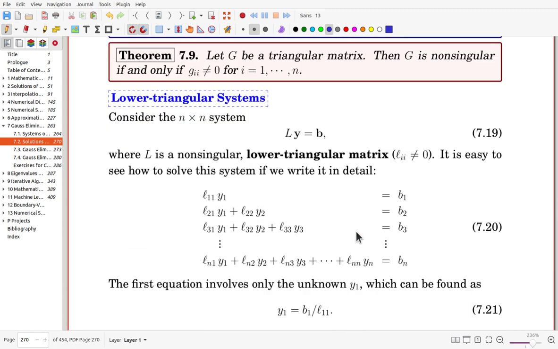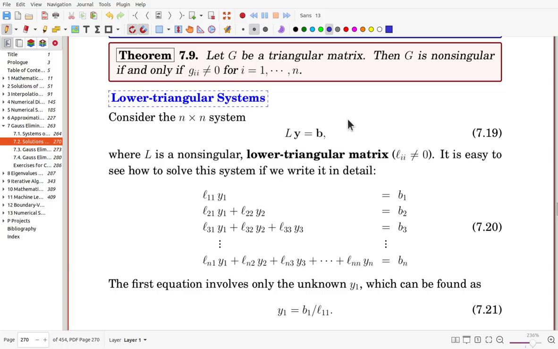Now let's try to solve lower triangular systems. Okay, we start with Ly equals b. L is a non-singular lower triangular matrix. And to solve this system, we try to write it in detail.